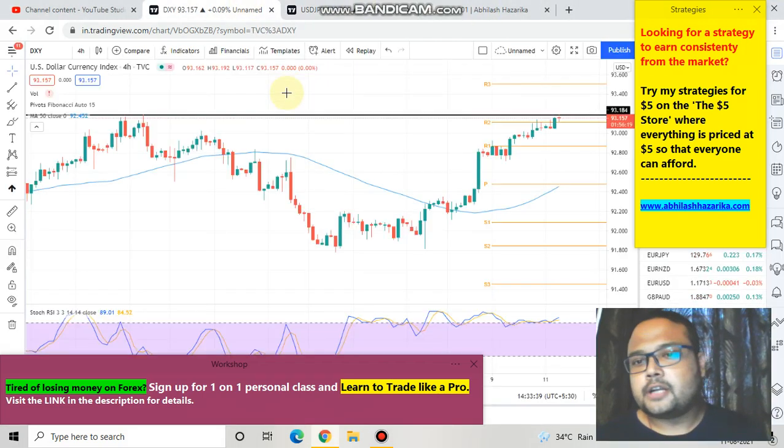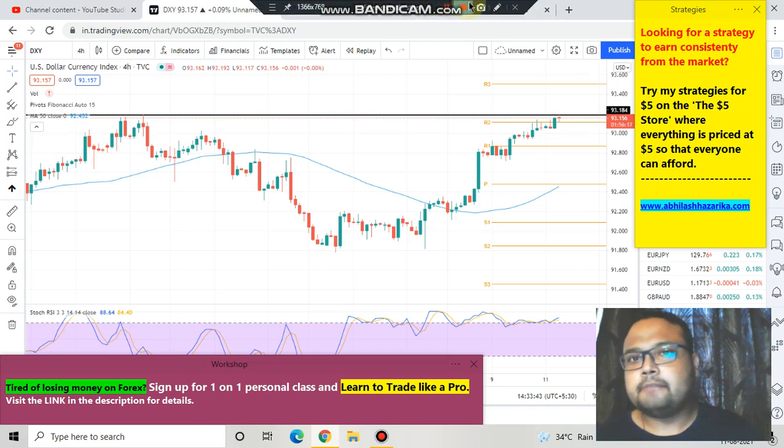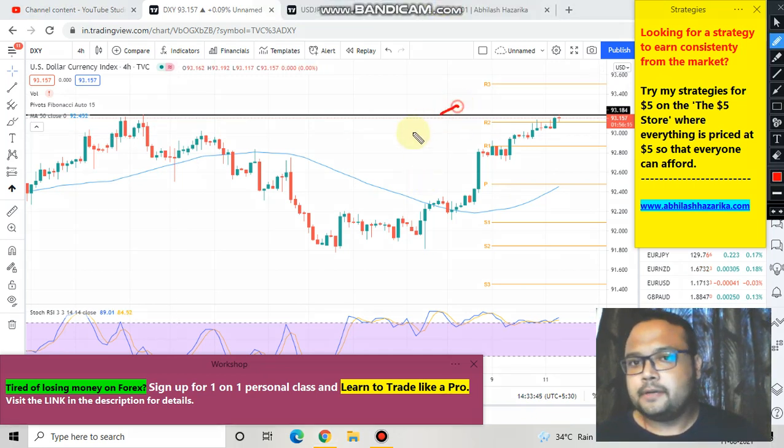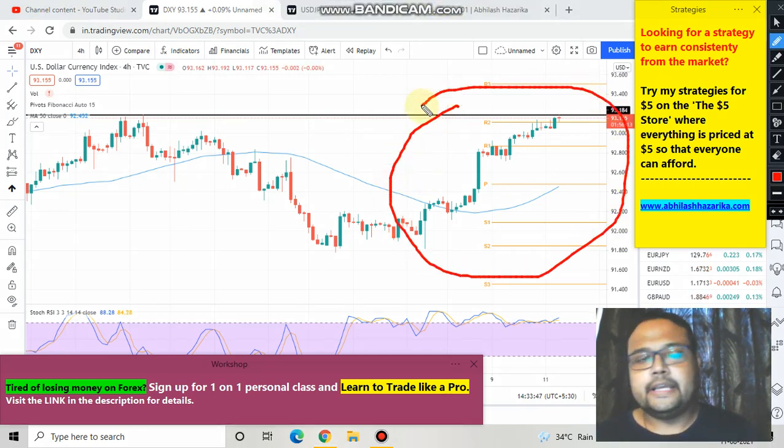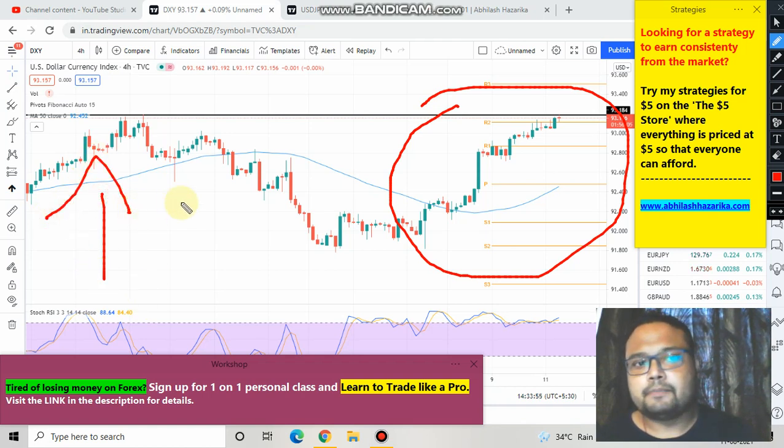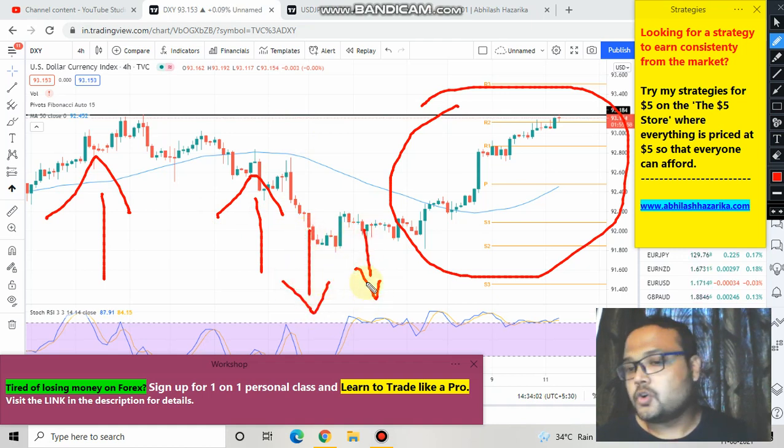If you look at the chart of DXY here, you can see that the chart looks very much similar. The DXY is also very much bullish, means US dollar is bullish, so USD JPY is also bullish. Generally, we see that whenever DXY goes up or US dollar goes up, USD JPY also goes up. If US dollar goes down, USD JPY also goes down.